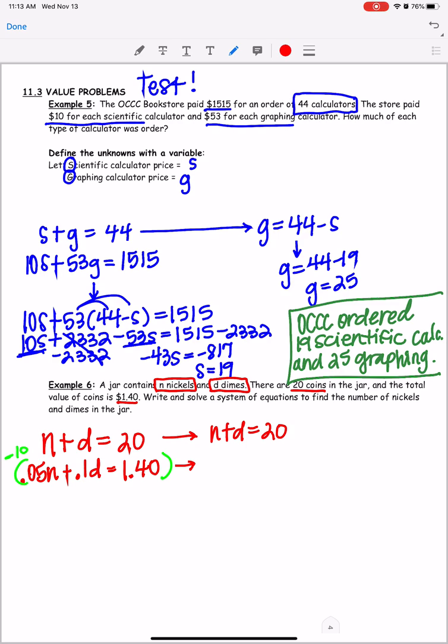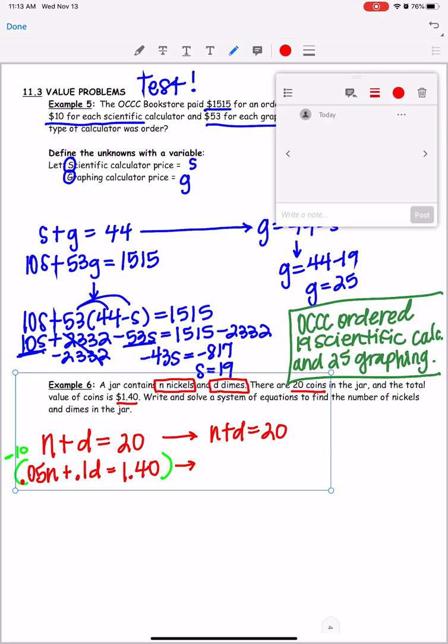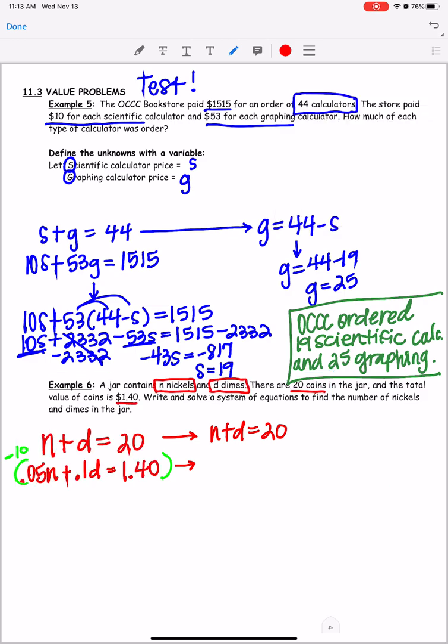All right, 0.5 times 10 is 5n. 10 nickels equals 50 cents.